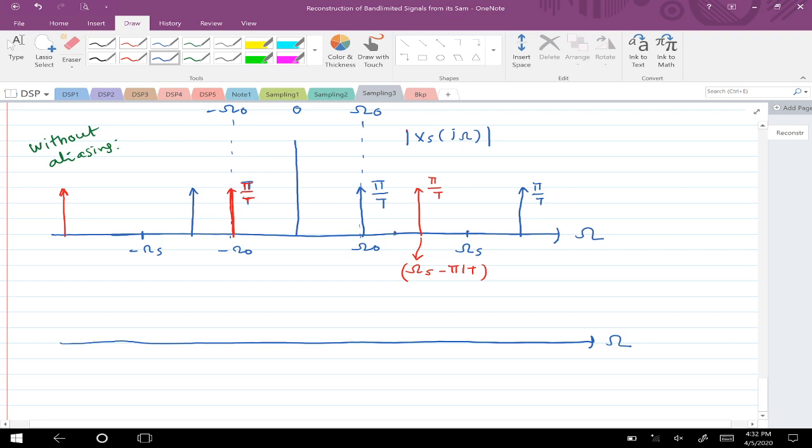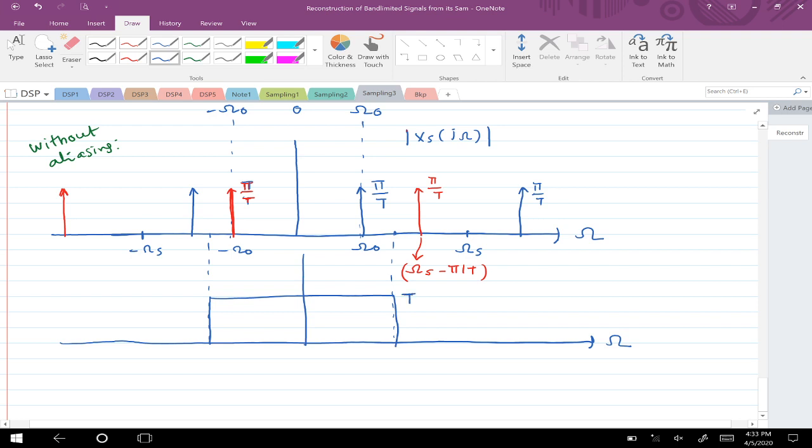And similarly it would come here. Let me draw it this way. What should be the multiplication factor here? That should be T here.